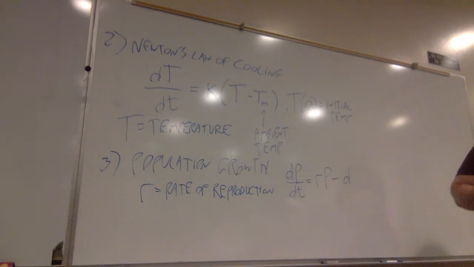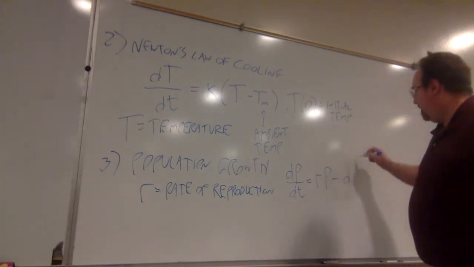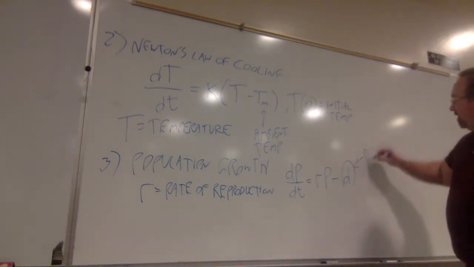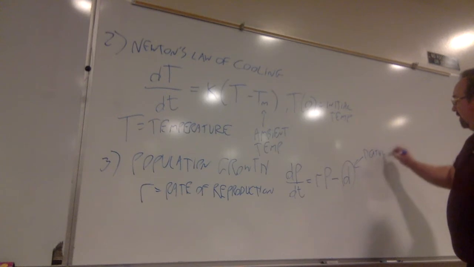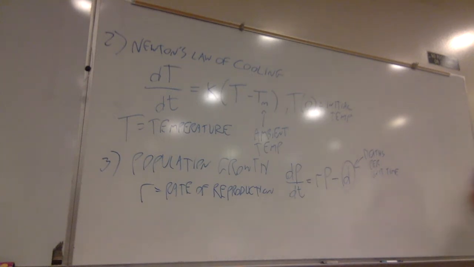So we have, okay, D is the number of deaths per unit of time.